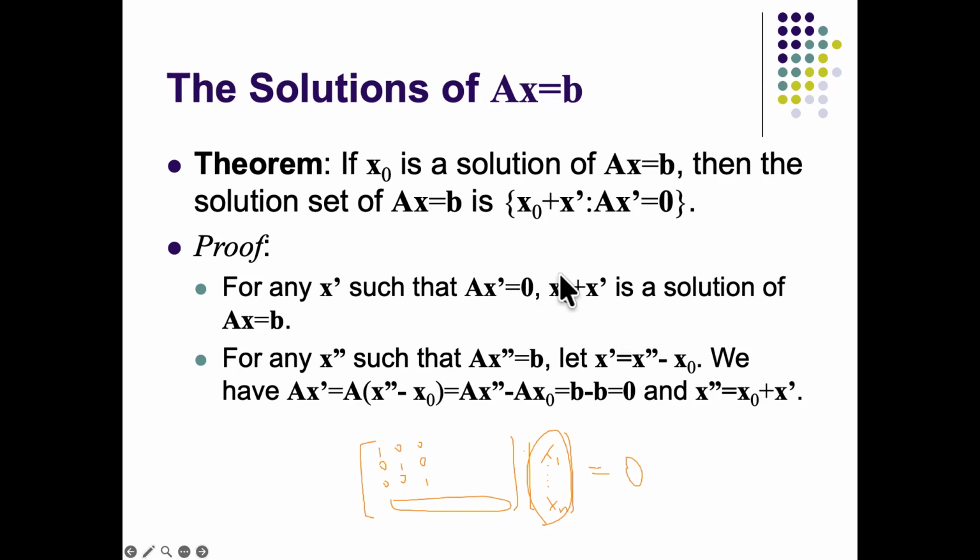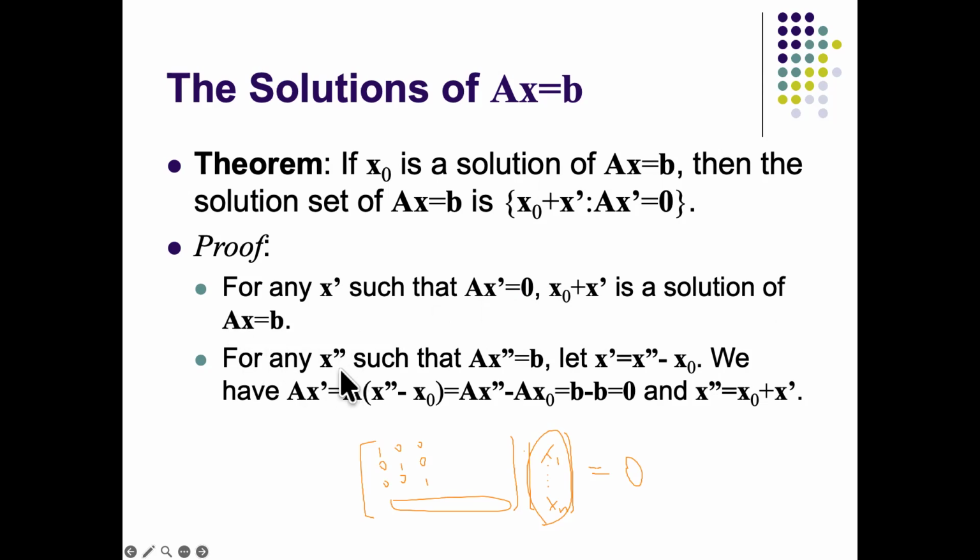So AX0 gives you B, right? The AX prime gives you 0. So B plus 0 is B. So for any X prime in this null space, X0 plus X prime is a solution.